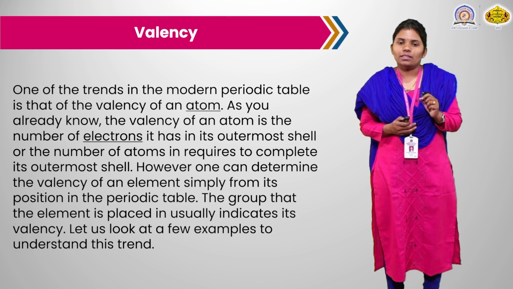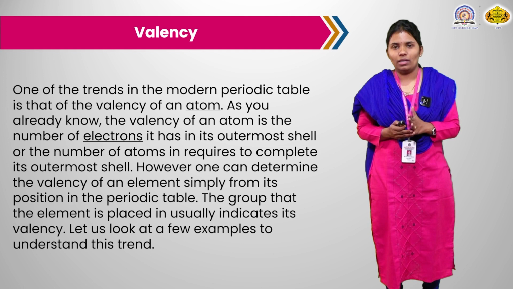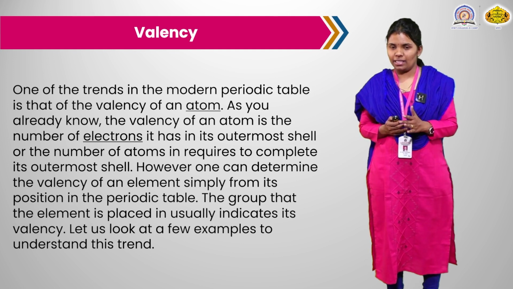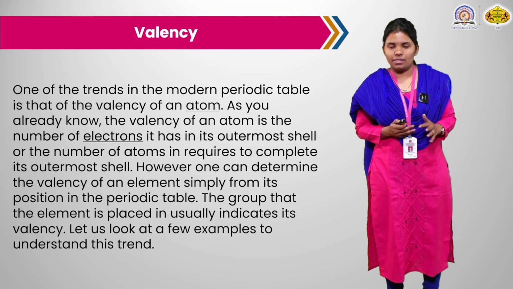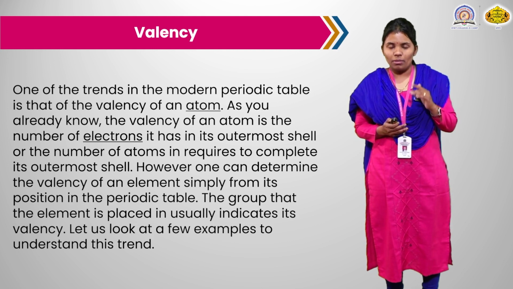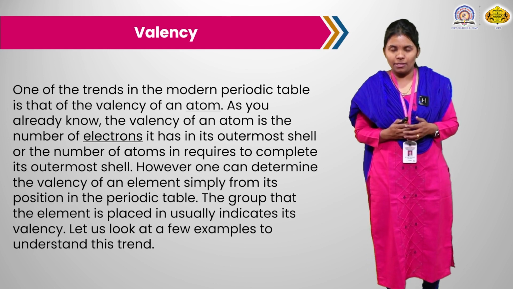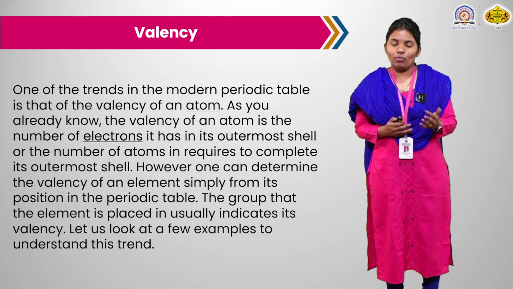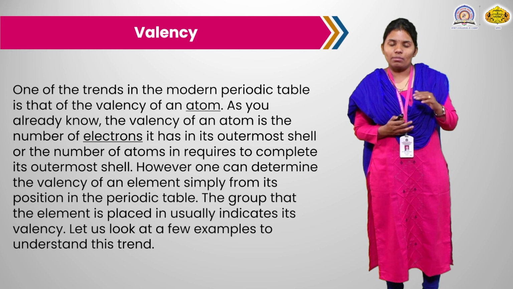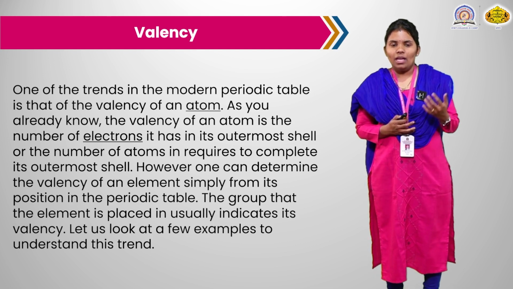Carbon has atomic number 6, so you can write its electronic configuration as 1s2, 2s2, 2p2. The p orbital has a capacity of 6 electrons, so it can accommodate 4 more electrons; therefore carbon can form 4 bonds.